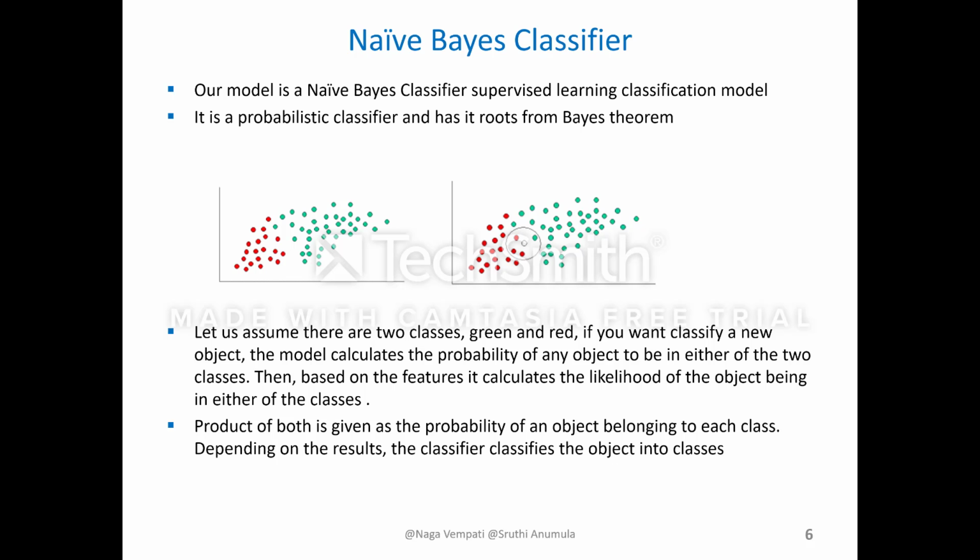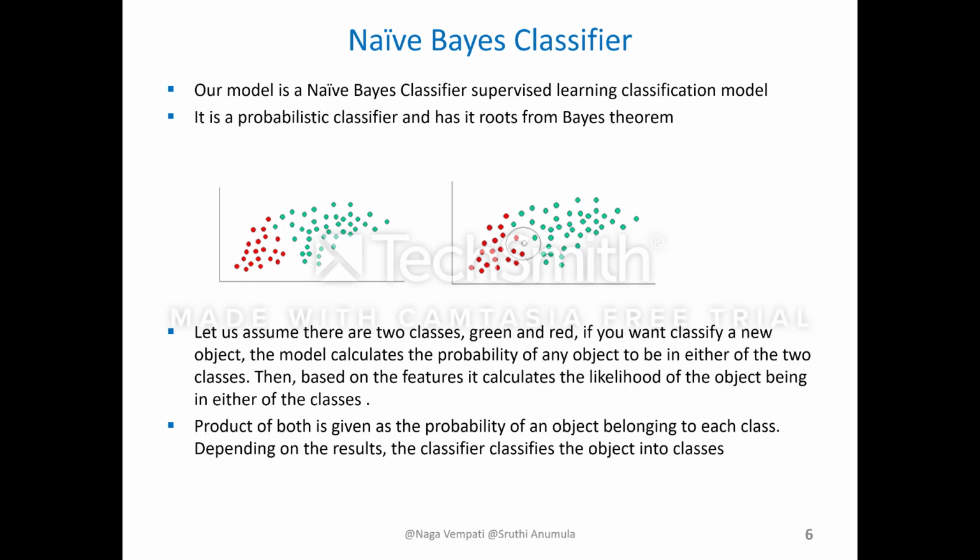Naive Bayes classifier. Naive Bayes classifier is a supervised learning classification model which has its roots from Bayes' theorem. It is a probabilistic classifier. Let us understand using an example. Let's say there are two classes, green and red. And now we want to classify a new object into one of these classes.